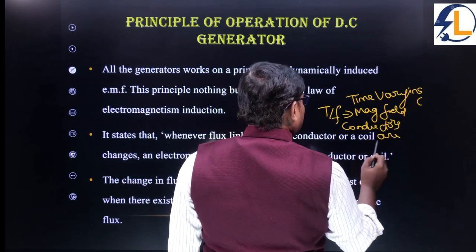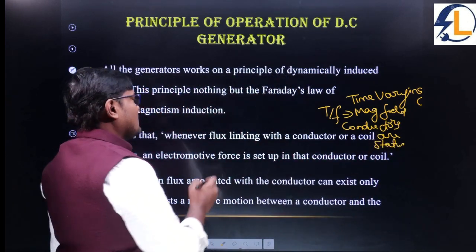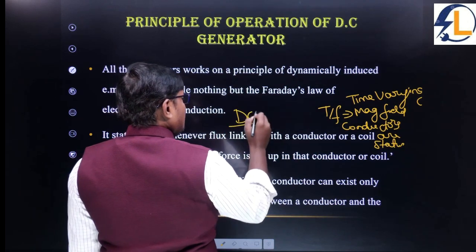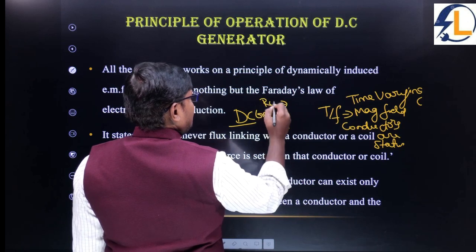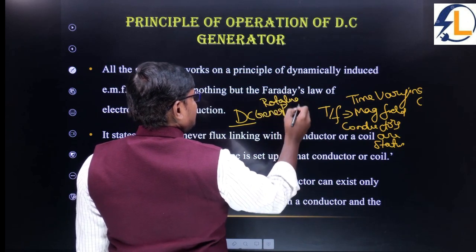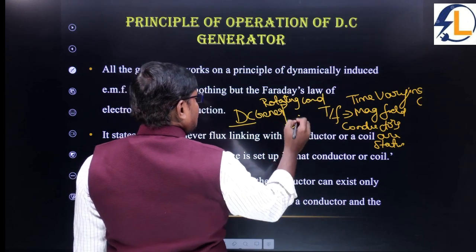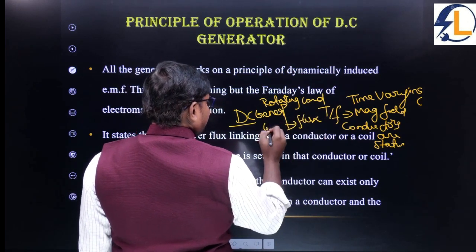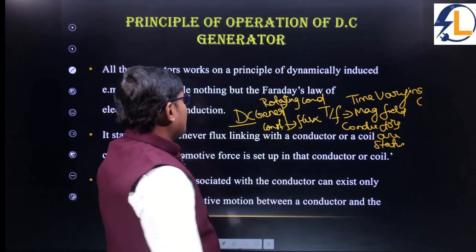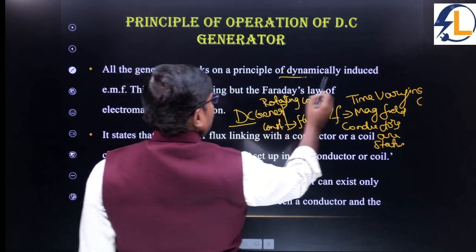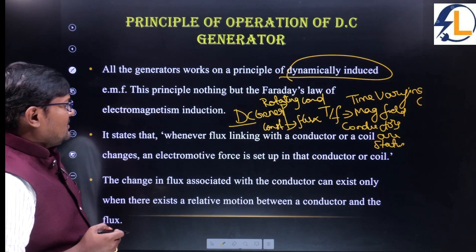But in a DC generator, the conductors are rotating and the flux is constant. This type of EMF is called the dynamically induced EMF.